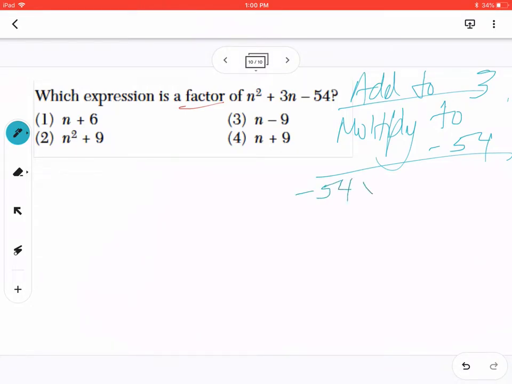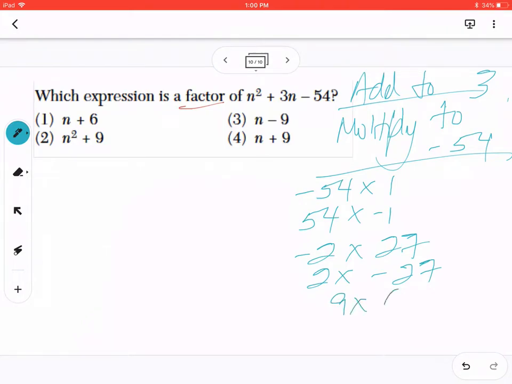Negative 54 times 1, positive 54 times negative 1. You also could have negative 2 times 27, or positive 2 times negative 27. Another option is 9 times 6, which would be a negative 9 times a positive 6 to be a negative 54, or a positive 9 times a negative 6 to be a negative 54.